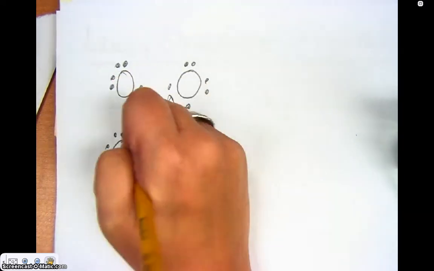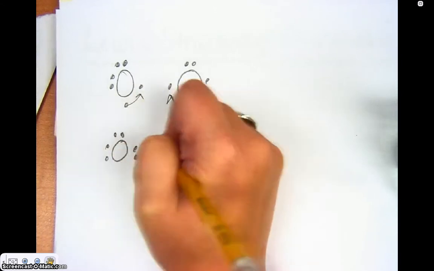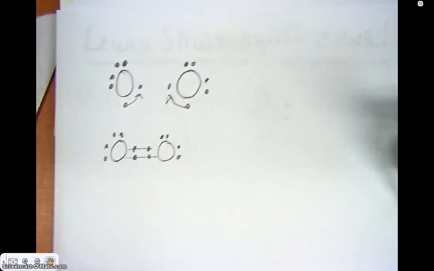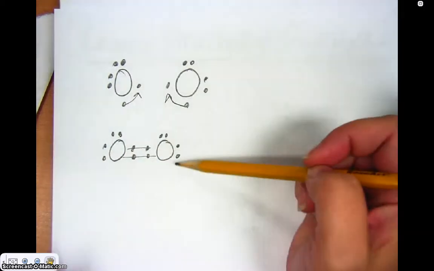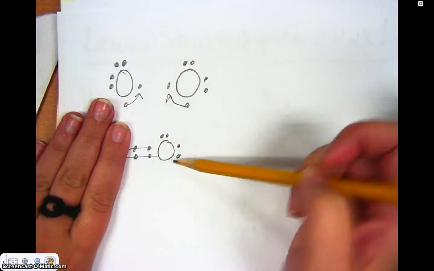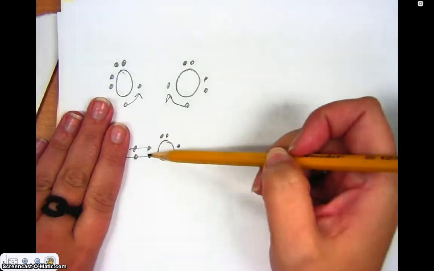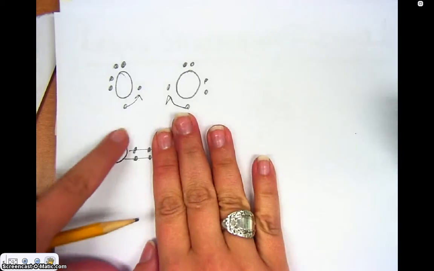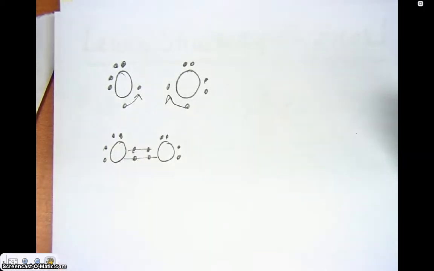If I was to draw the Lewis structure for that, it would look like this. When you share 2 pairs, that is when you make a double bond. If we look at each individual one, this oxygen has 1, 2, 3, 4, 5, 6, 7, 8, and that oxygen has 1, 2, 3, 4, 5, 6, 7, 8.